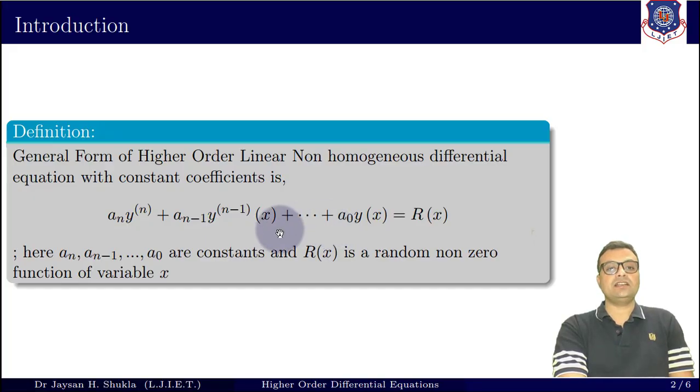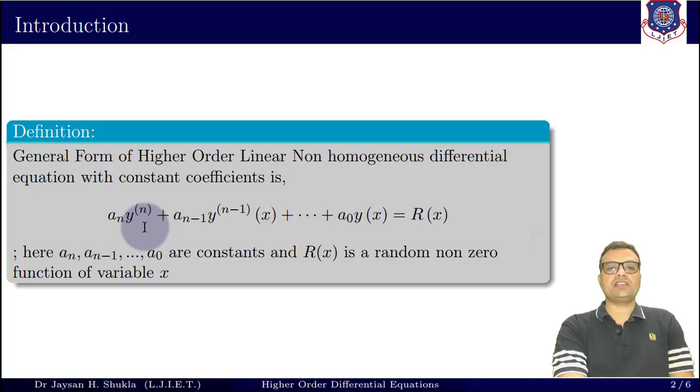You can see it is a linear equation. Linear in the sense there are no non-linear parts in the equation. Now, why we can say it is linear, and what are the non-linear components? y raised to n, it is with power 1. So the order of this equation is n and the degree of this equation is 1.